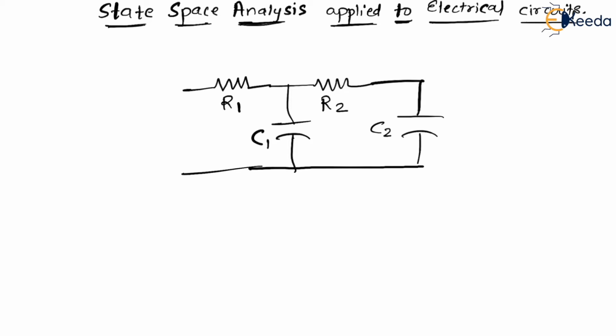Now, for example, they have already given you in the question that this current is I1, this current is I2, and let us say this current is I3. This is R1, this is R2, this is capacitor C1, this is capacitor C2, and the input that is given is U. What you are expected to find is the voltage across this resistance R1, which is Y. This is the output.